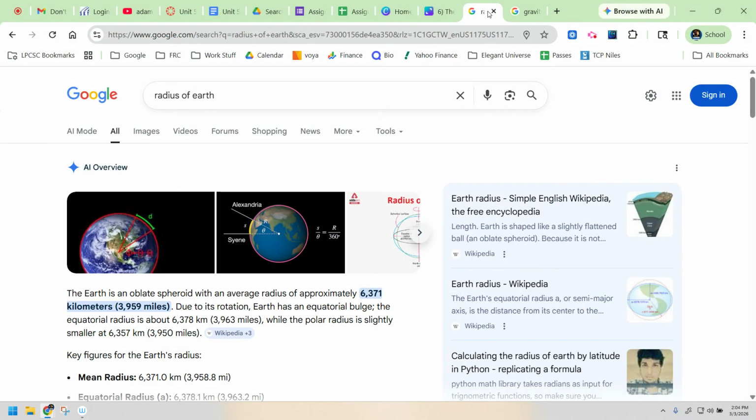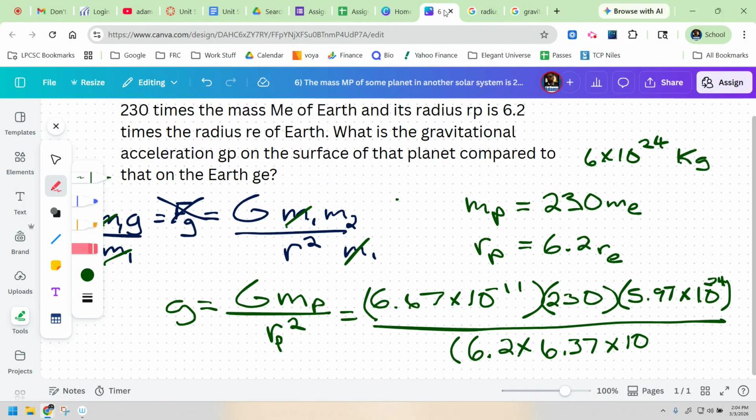So it's 6,000 kilometers. So what's that, 10 to the 6th, right? Because the kilometer is 10 to the 3rd. And then I already did scientific notation, so it'd be 10 to the 6th, yes? Yes, Mr. Adams. 10 to the 6th. All right.